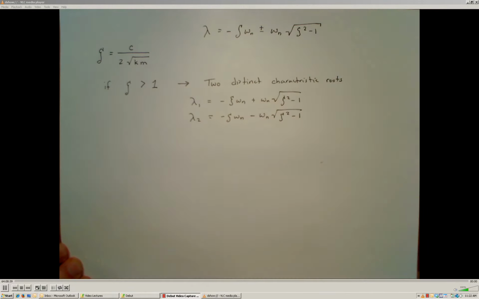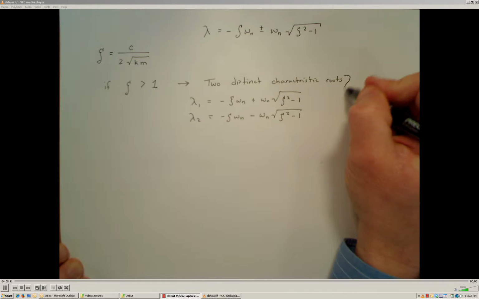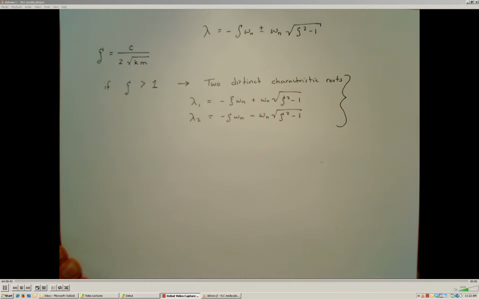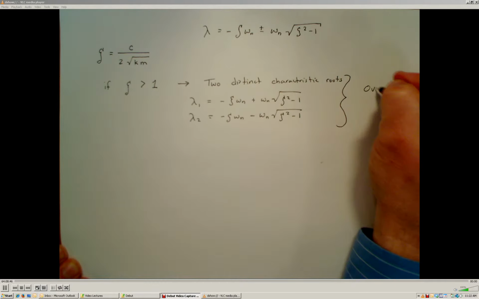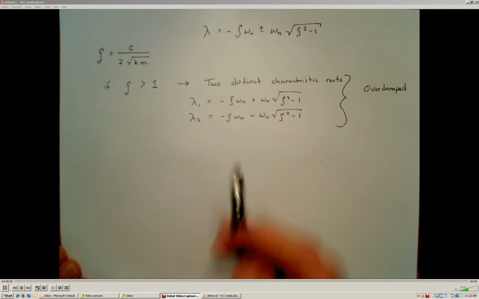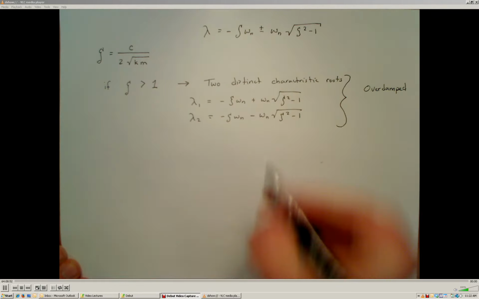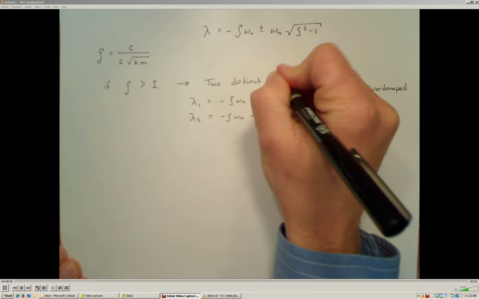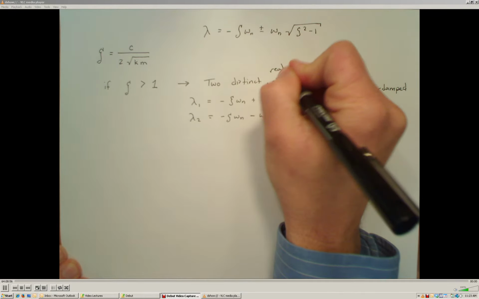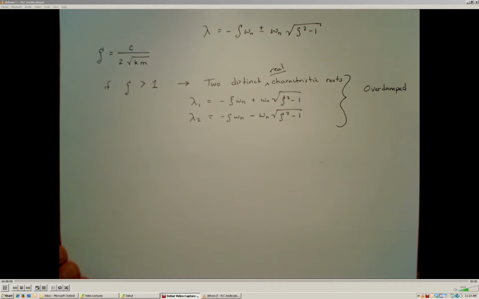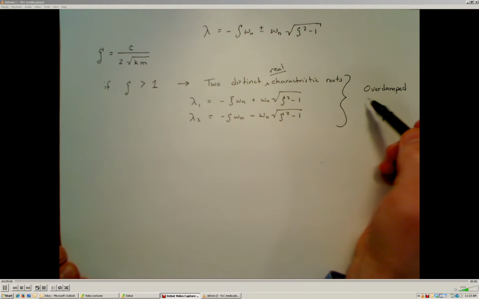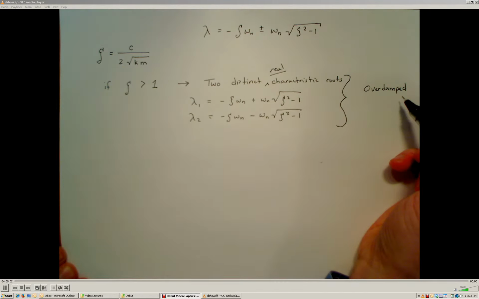Alright, this is a special case, or one of the cases of our solutions, which we're going to call the overdamped case. Okay, so in this case we have 2 distinct, real characteristic roots. Alright, in this case we're going to get an overdamped system, and we'll look at how these overdamped systems behave in a little bit.